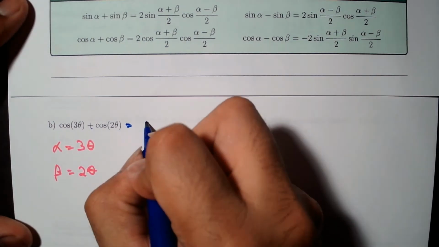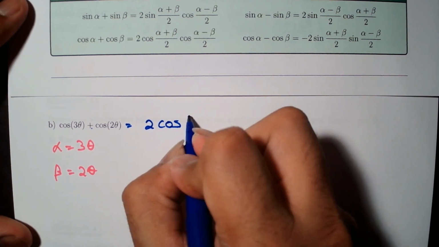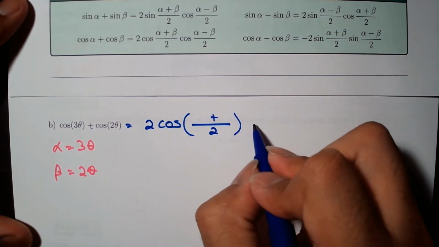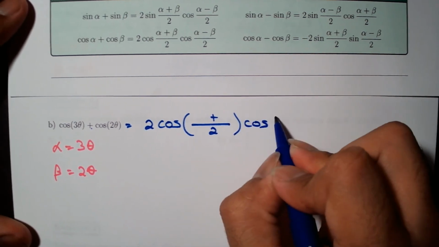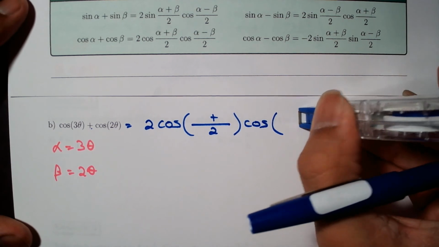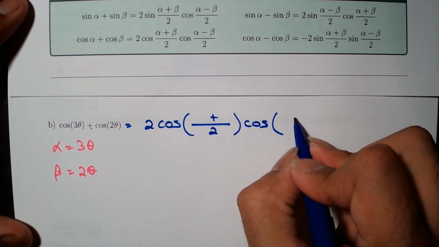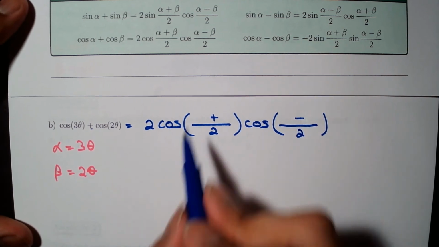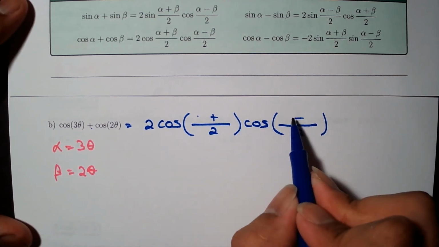So that's going to be 2 times cosine of something plus something over 2, cosine of the same something minus something over 2. That's alpha and beta.